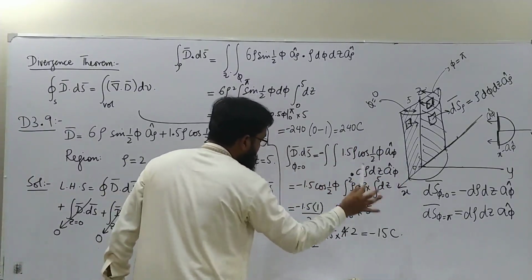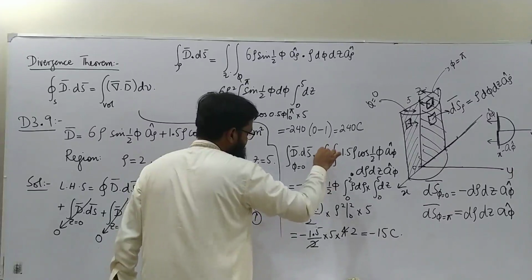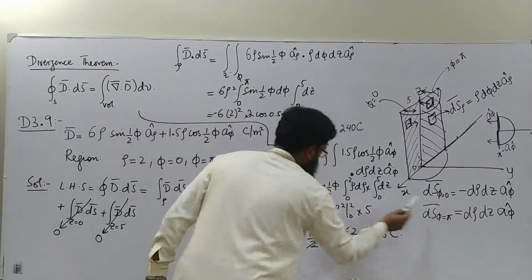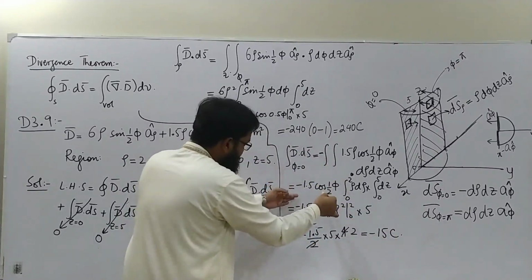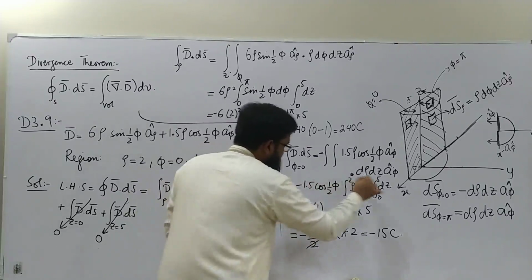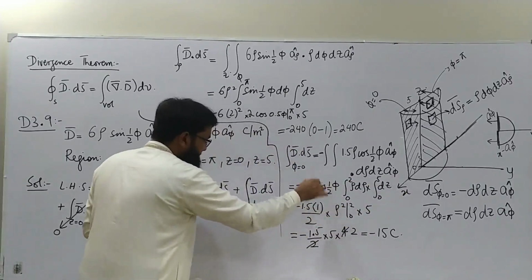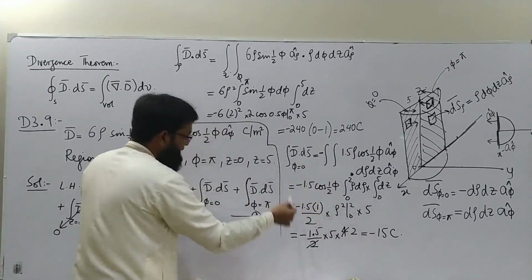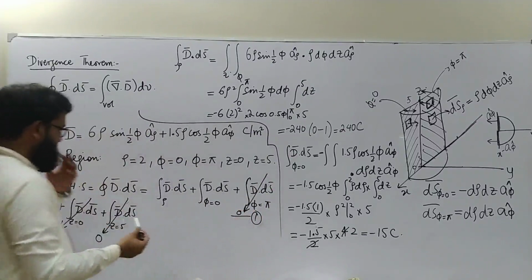Only instead of minus there should be plus, because there is no minus here, but it does not matter. Why? Because when you proceed to the next stage, you will have a plus sign here and the rest of the things will be the same. As soon as you put the value of phi equals pi, cos pi by 2 will be 0, so this term will turn out to be 0 later on.